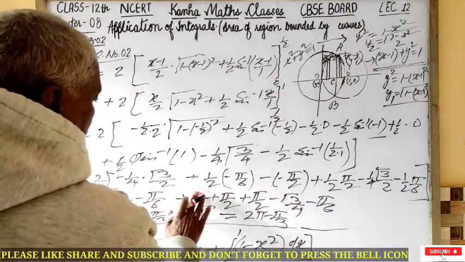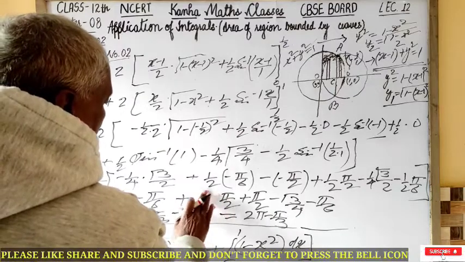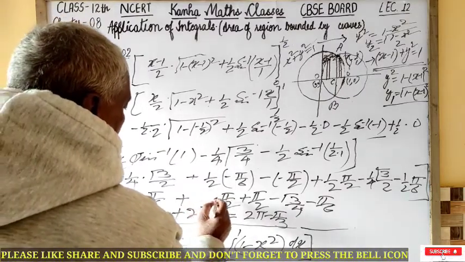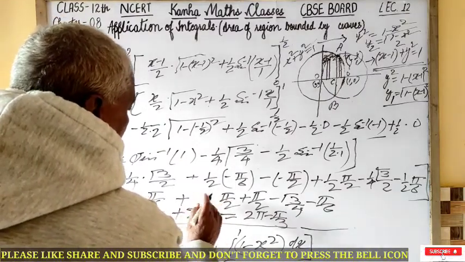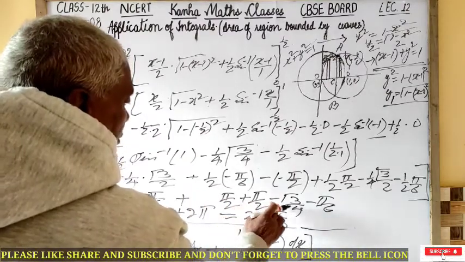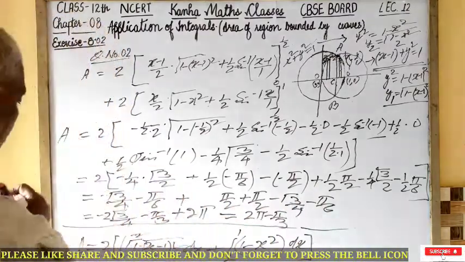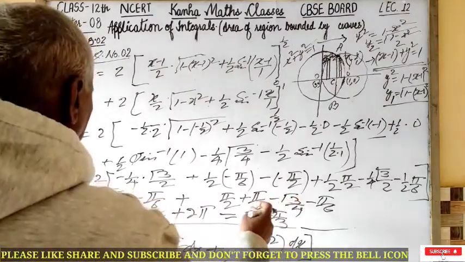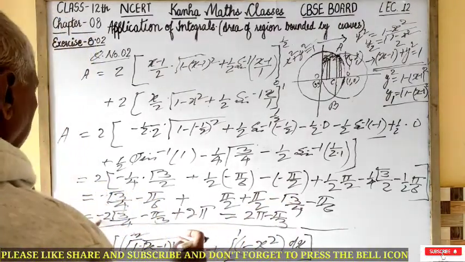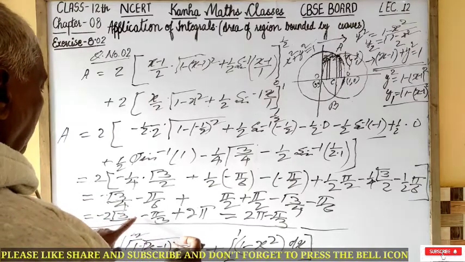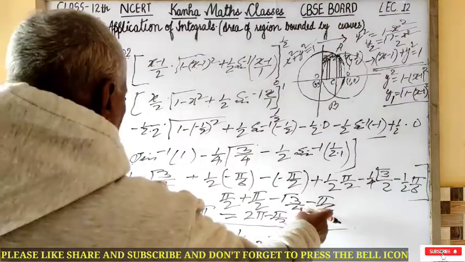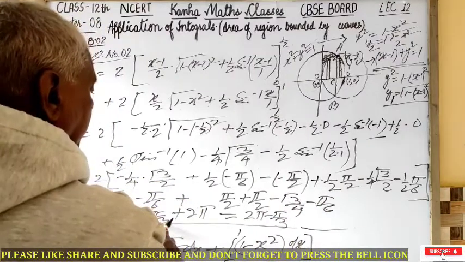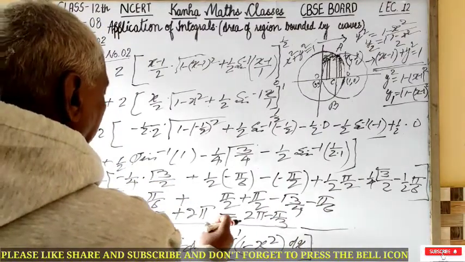This is only pi by 2 plus pi by 2. So now minus root 3 by 4 minus root 3 by 4 will be minus 2 root 3 by 4, minus pi by 6 minus pi by 6 will be minus pi by 3, and this is pi.